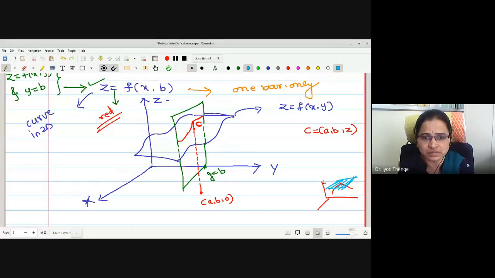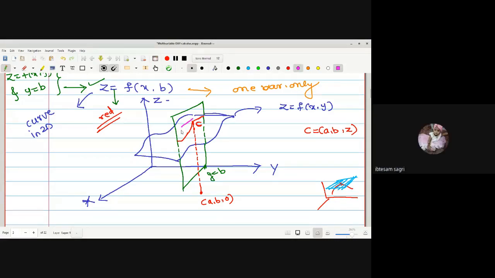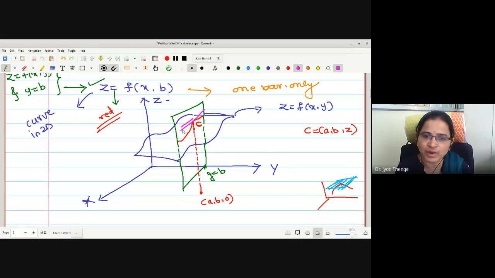But among those infinitely many tangents, we were considering only one tangent which is in the direction of the x-axis, or one can say which is parallel to the x-axis. Therefore, how many tangents can I draw at the point C, which is along the x direction or parallel to the x-axis? Only one, no? Only one among infinite.